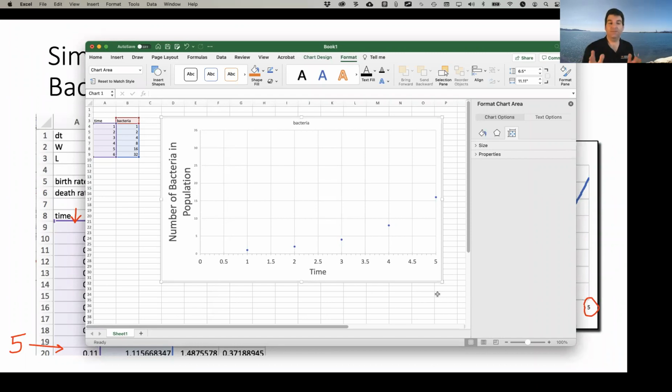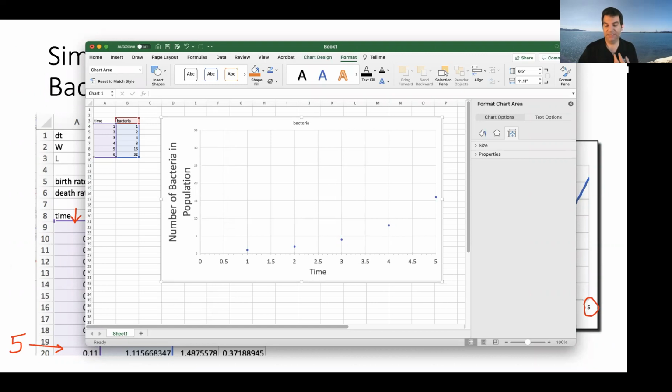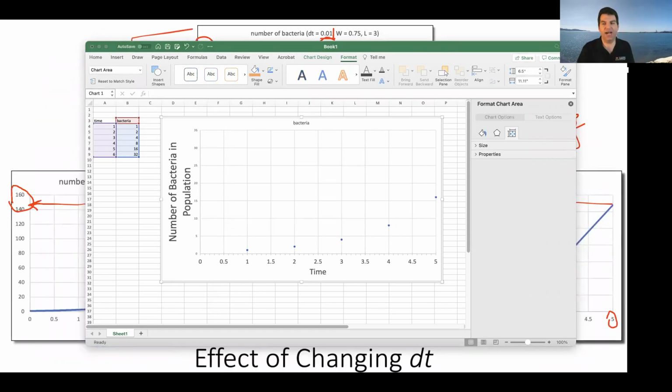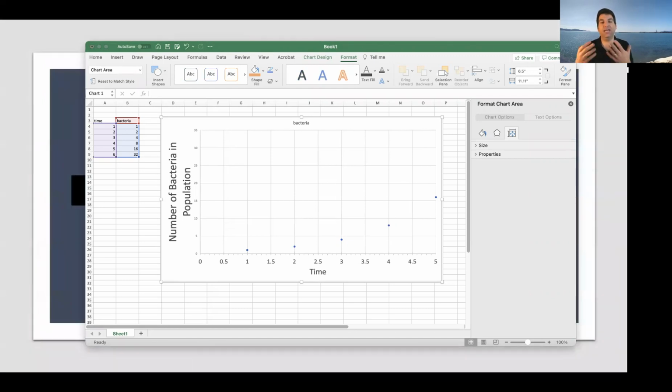So that's great. We've done our first population simulation. And the mysterious thing here is, again, how do we set that DT? The guideline is that you try different DTs and you want to choose the smallest DT possible that makes it so that your graph stops changing. If you try really large DTs, then as you make the DT smaller and smaller, your graph will keep changing more and more.